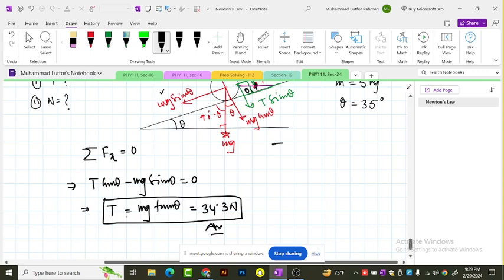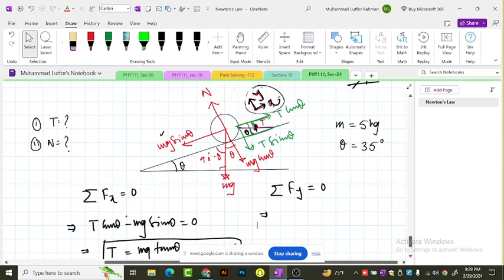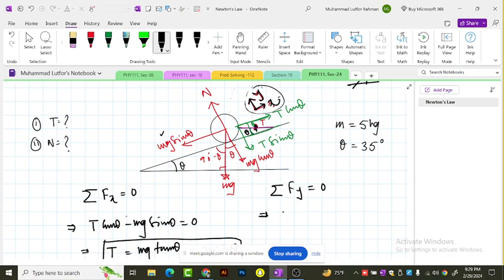Now along the y direction, you can write the net force along the y direction is 0. Then you are supposed to write N minus mg cos theta minus T sin theta equal to 0, because I have N towards the positive y direction, T sin theta is towards the negative y direction, and mg cosine theta is also towards the negative y direction.